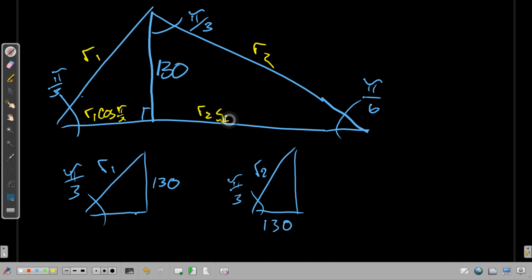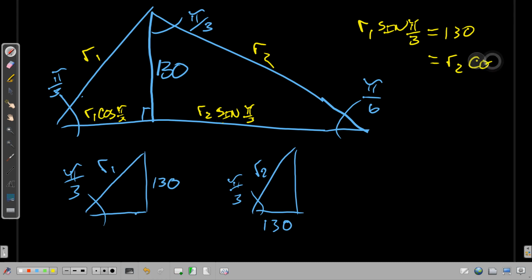And this one is R2 sine pi over 3. And what I know is that R1 sine of pi over 3 is equal to 130. But that's the same number as R2 cosine pi over 3.